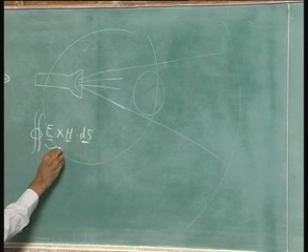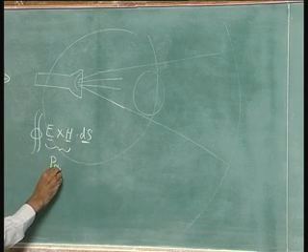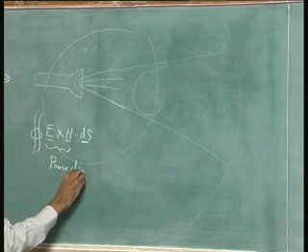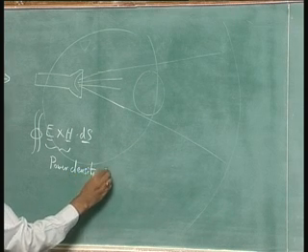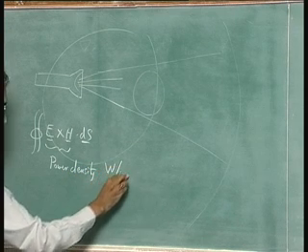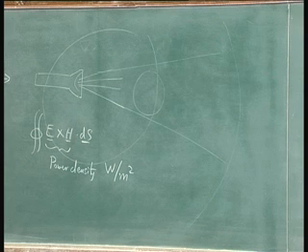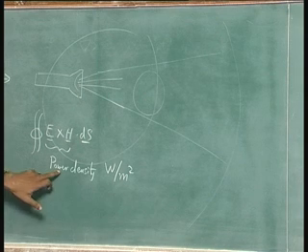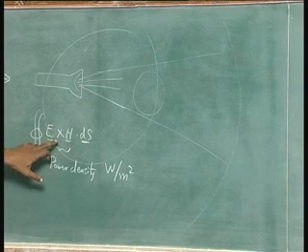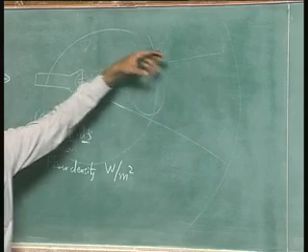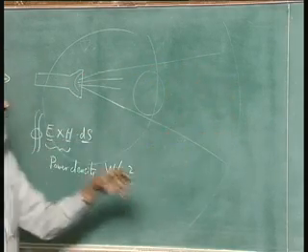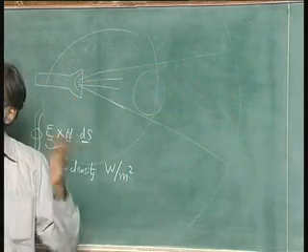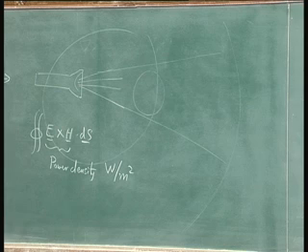E cross H is power density if you like. We saw last time that it has the units of watts per meter squared. So, this power density is inversely proportional to the area of the surface, and the area of a sphere is proportional to the square of the radius.